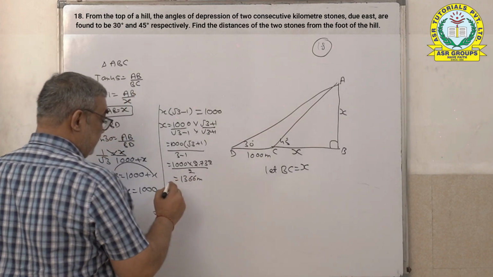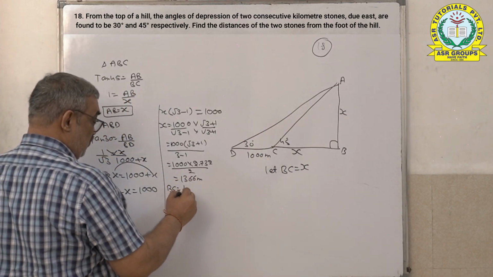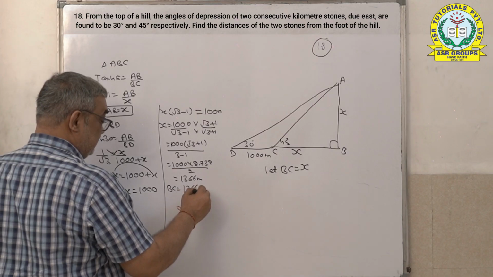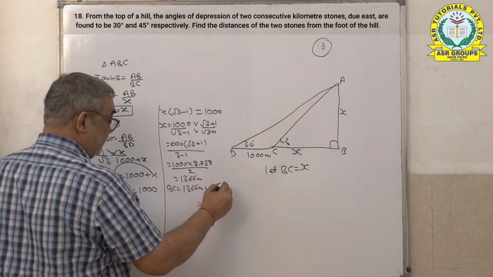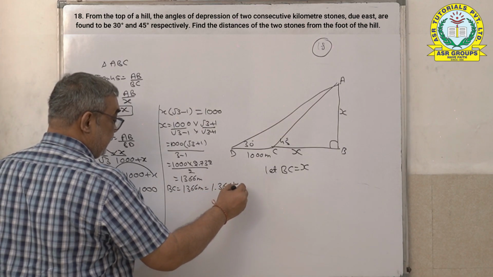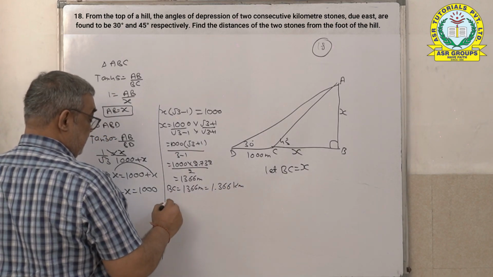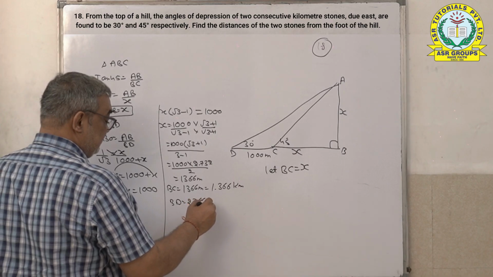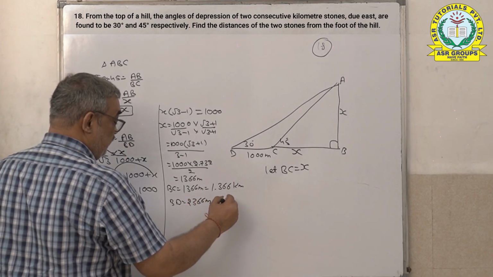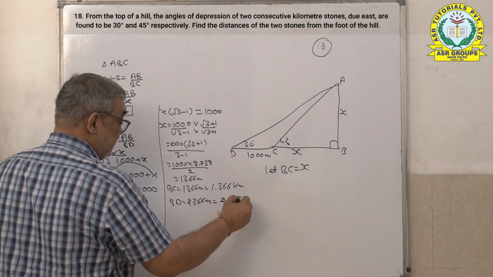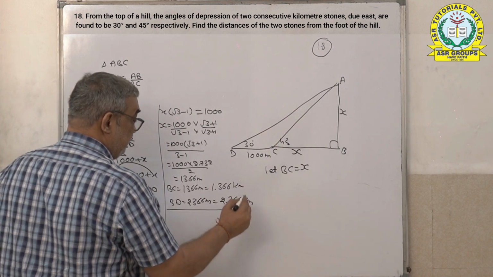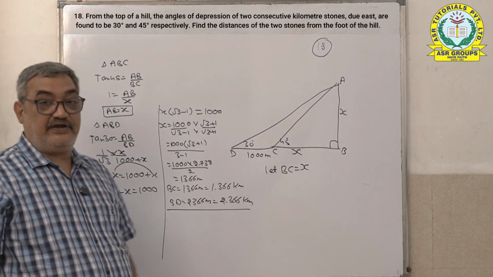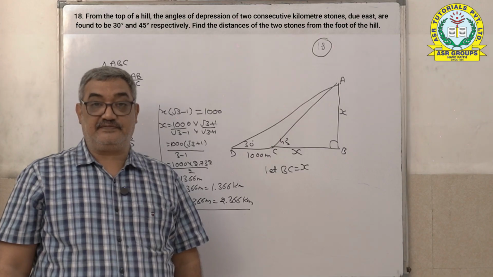So BC is 1366 meter, that is 1.366 kilometer. BD is 2366 meter, 2.366 kilometer. Correct?